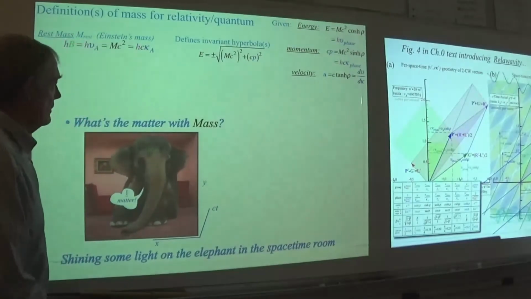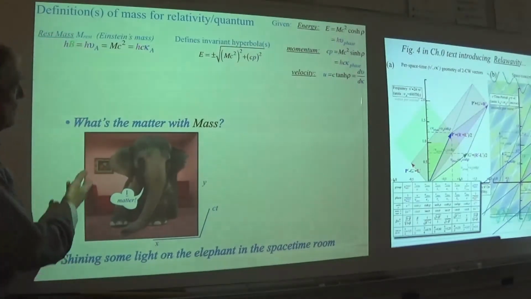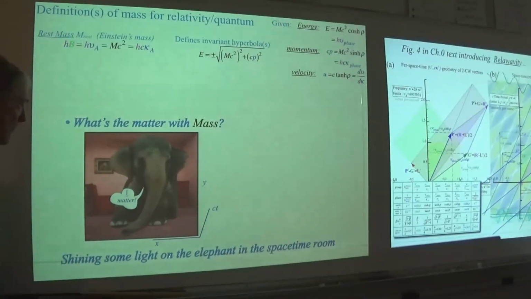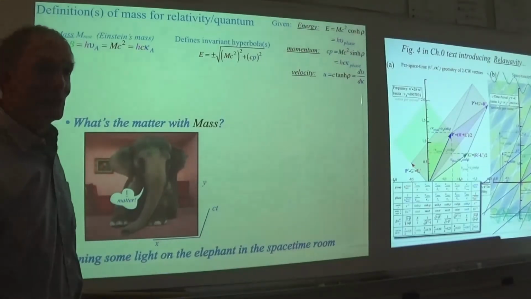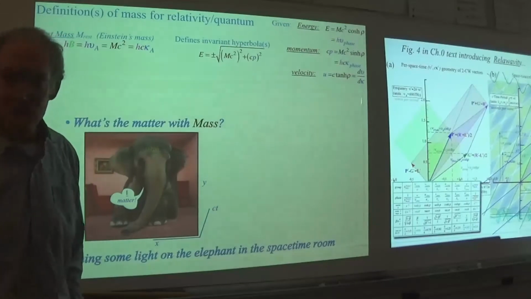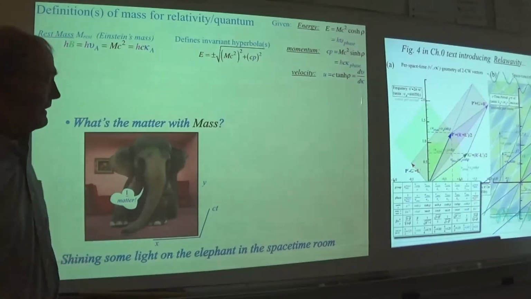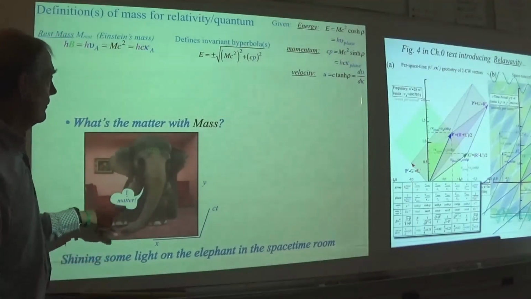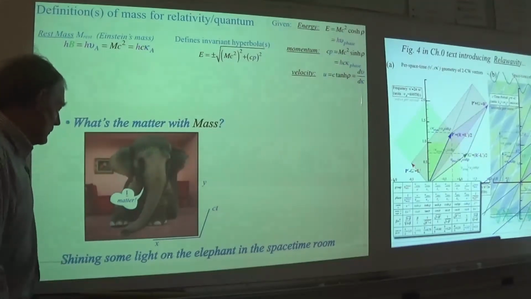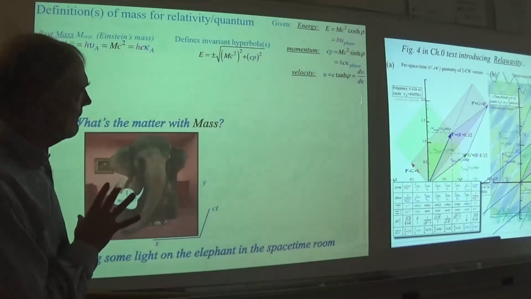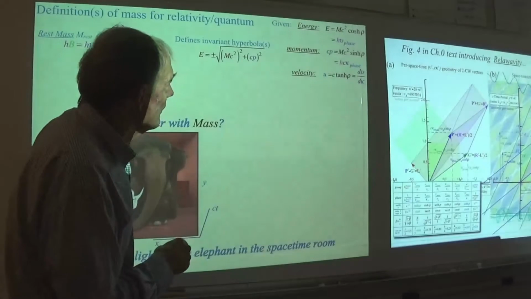So the question is, as I ask, what's the matter with mass? This elephant is in the room, as elephants are prone to do when something weird is happening that no one wants to talk about. He says, I matter. And the question is, how many kinds of matter are there?